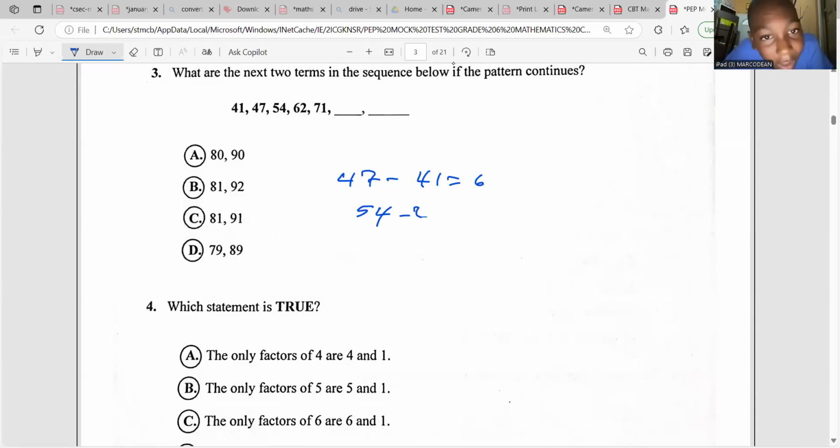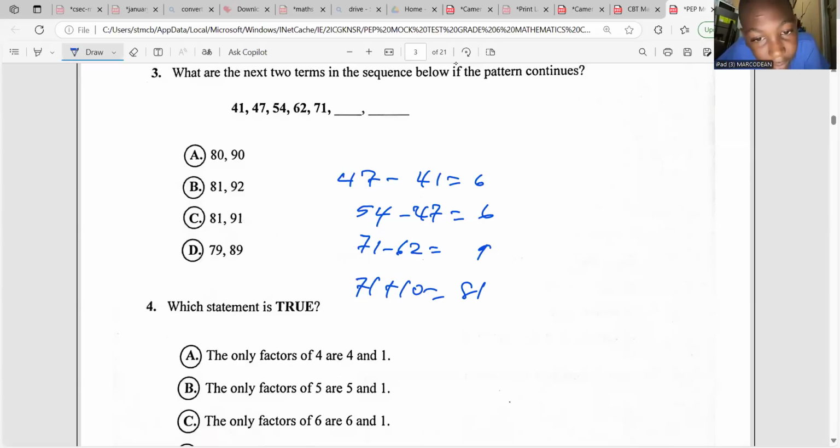So sir, it would be 71 minus 62, and then you would get 9. So we know 71 plus 10 equals 81. So now we are going to add 11 because we just added 10, equals 92. So what's your answer? B? Yes, sir. All right. Thanks so much, Marco Dean.